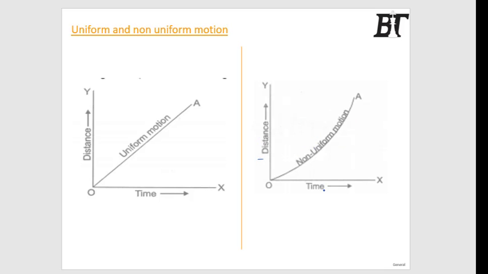In this case, the distance time graph won't be a straight line. As you can see, in successive time intervals, है ना, equal amount of time भी अगर तुम लोगे, in the first time interval it has covered a lesser distance, this much. Whereas in this second time interval, now it is covering a larger distance. Correct? Its velocity is increasing in this case. So it is a non-uniform motion.